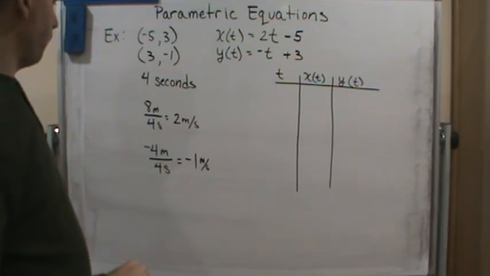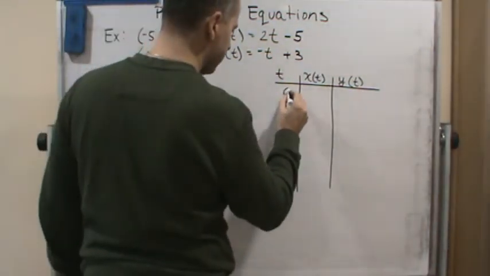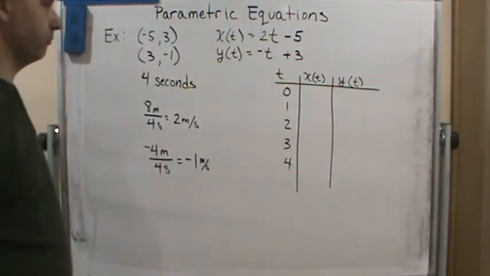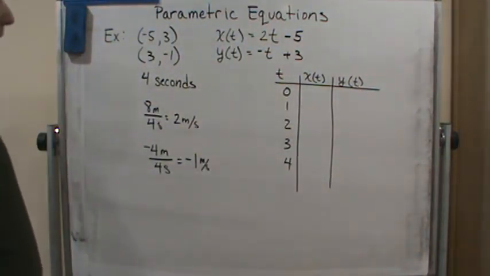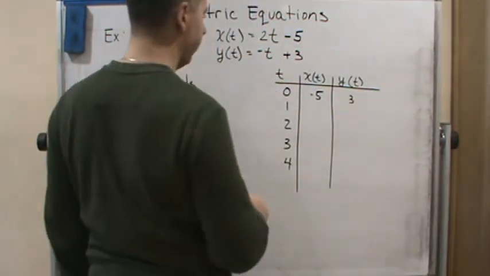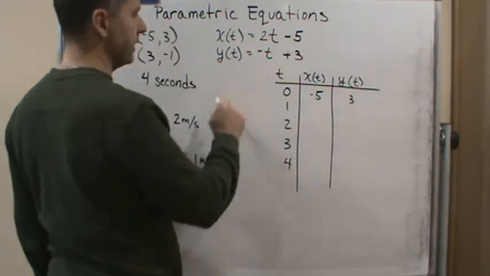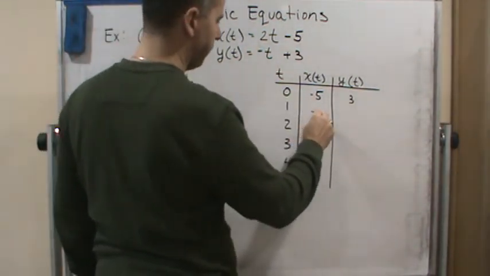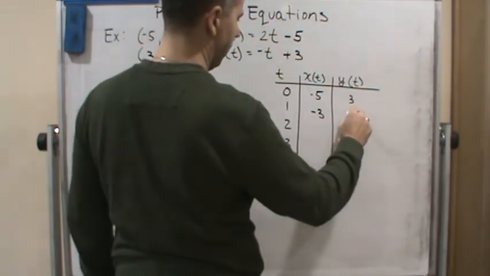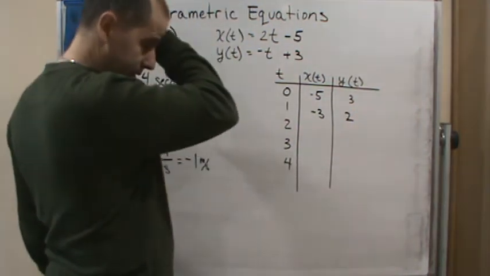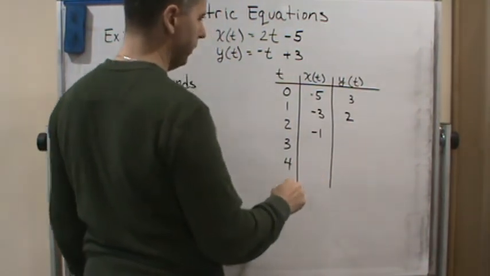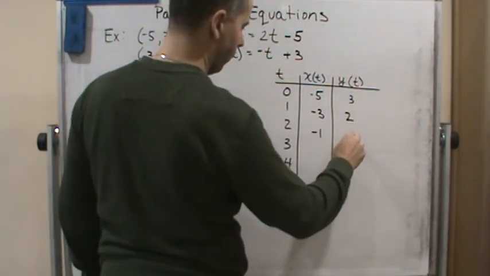If we go from t equals 0, 1, 2, 3, and 4, what do we get? We get, of course, -5 and 3. When t is 1, we get -3 and 2. And when t is 2, we get -1 and 1.